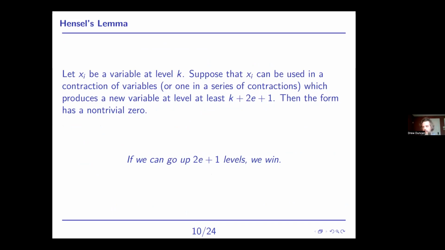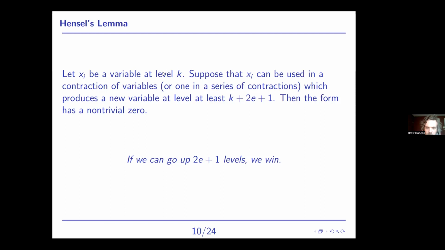Okay, so the idea with these contractions is that we contract a collection of variables and we get a new one at a higher level. And if we can continue doing this process enough times that we get a variable at a sufficiently high level, then Hensel's lemma tells us that we can deduce from this the existence of a non-trivial 0. Specifically for our situation, I've just boiled it down to the bare essentials.